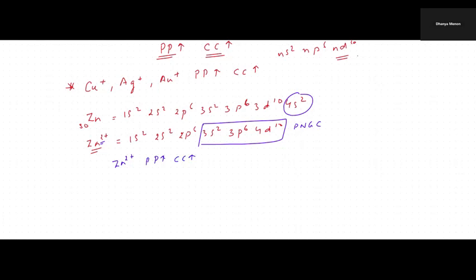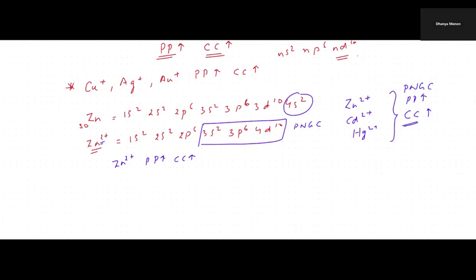Similarly, below zinc, we have cadmium, we have mercury. All of them have more covalent character because of pseudo-noble gas configuration. Polarizing power is more.